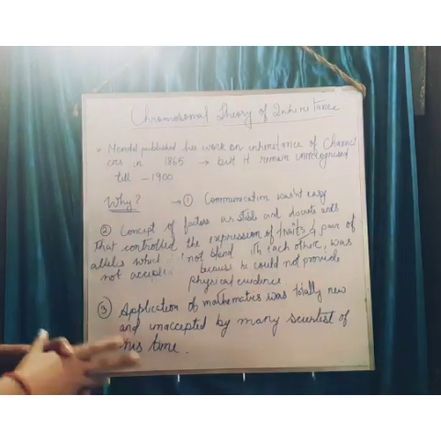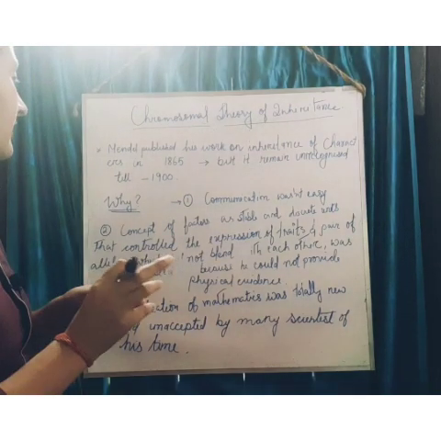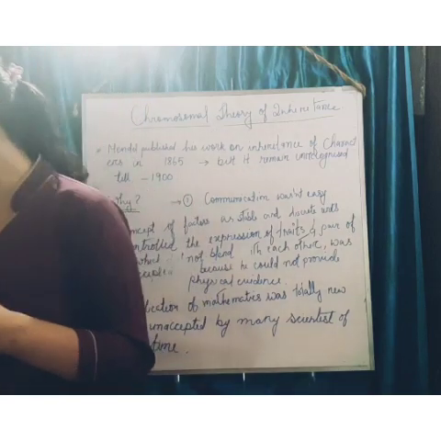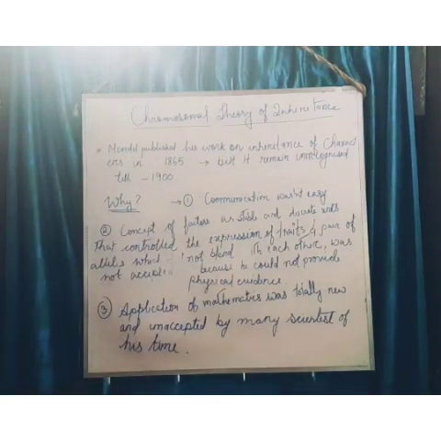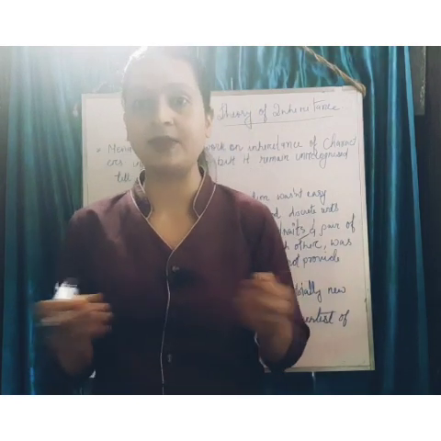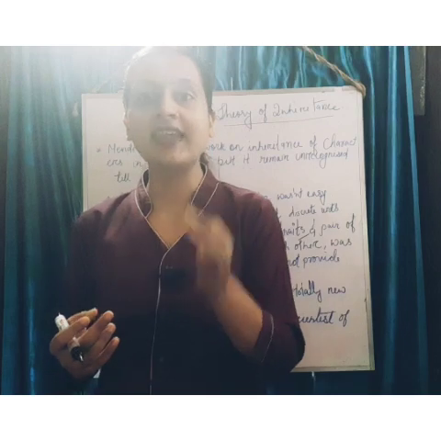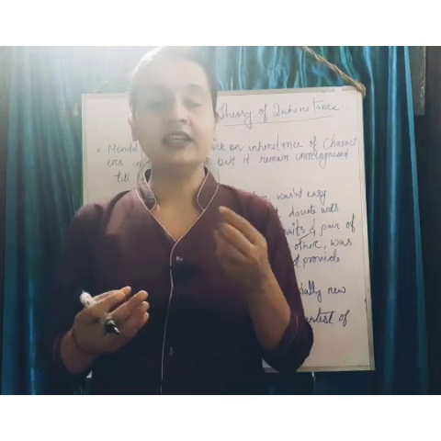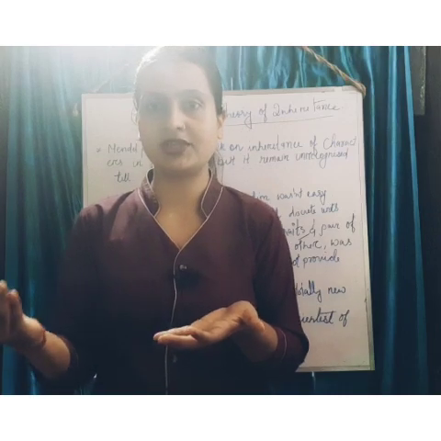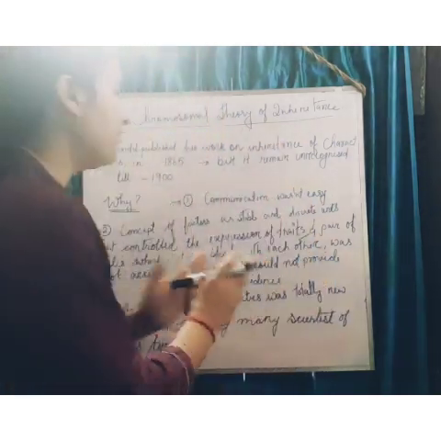The second thing was the concept of factor. He explained the concept of factor. If you remember, during his experiment he said that there is a factor which carries the traits, the character, from one generation to another generation, but he could not say what that factor was.